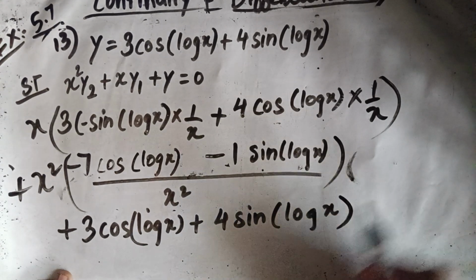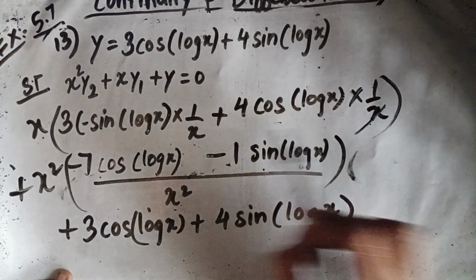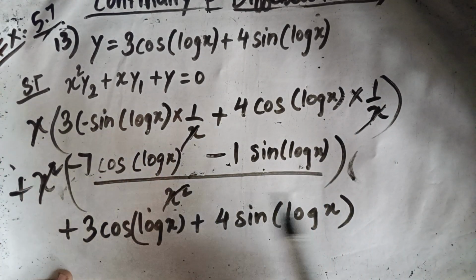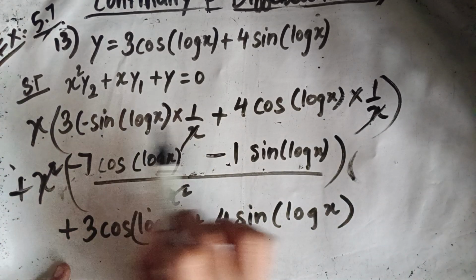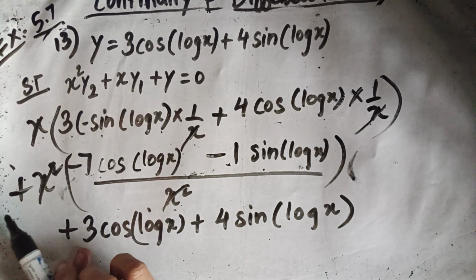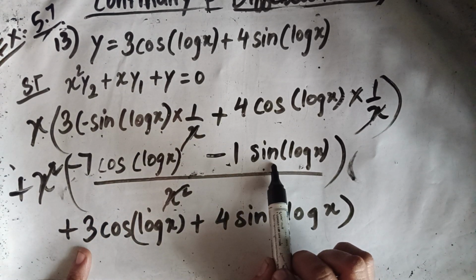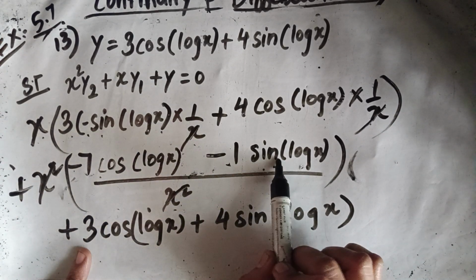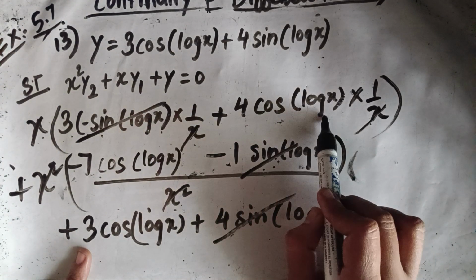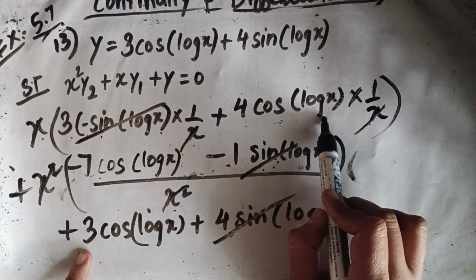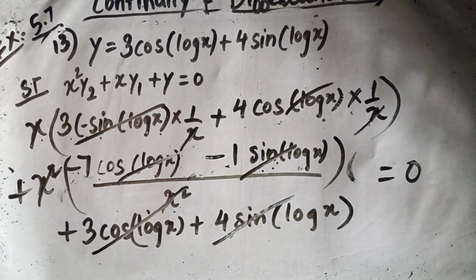So here common thing is x. This x gets cancelled with this x and x square gets cancelled with this x square. Then we get minus 3 sin log x minus 1 sin log x, so minus 4 sin log x and this plus 4 sin log x. Then 4 cos log x plus 3 cos log x is 7 and this is minus. So we'll get RHS, that is 0.